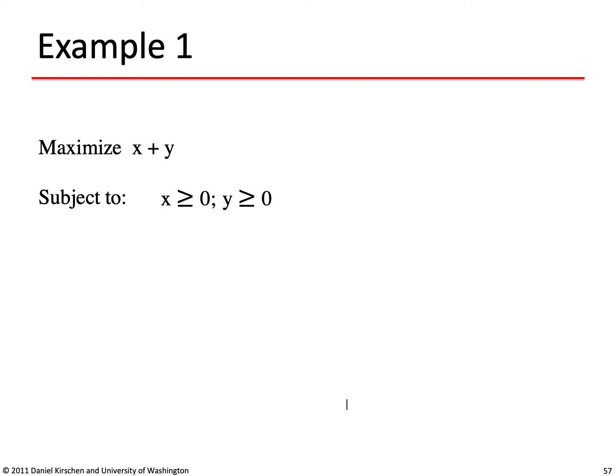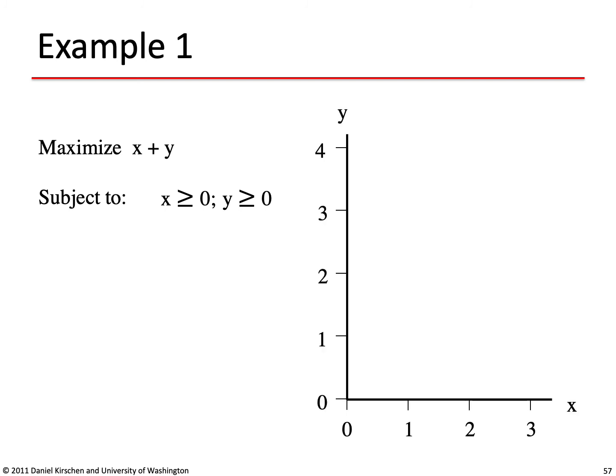In the xy plane, this simply says that our solution has to be in the upper right hand corner of the plane. We have another inequality constraint that says that x should be less or equal to 3, and this constraint in the xy plane is represented by a vertical straight line at x equals 3, indicating that all the possible solutions have to be to the left of this line.